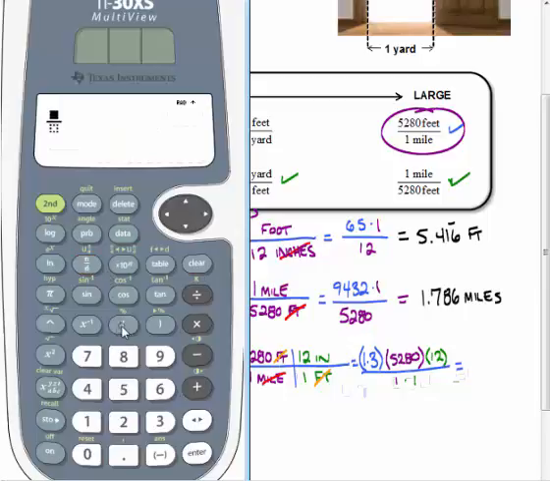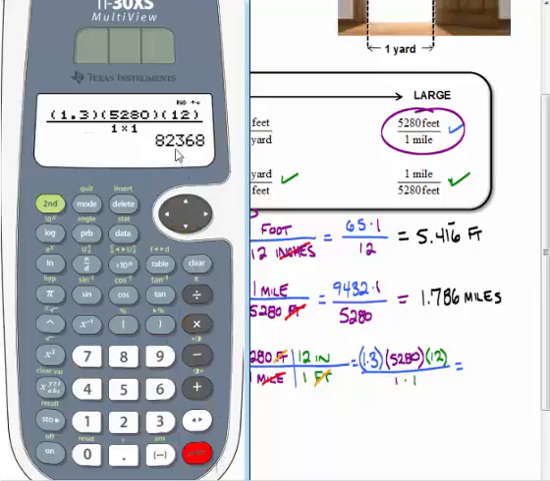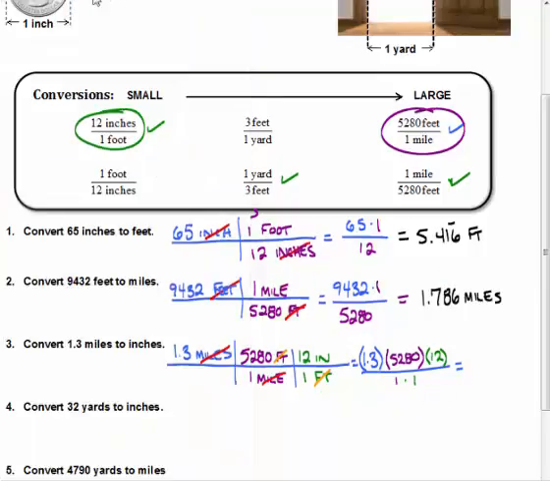So I'm going to make it look just like what's over there, 1.3 times 5,280 times 12. And scroll down and write 1 times 1. And this time there's no need to convert, it's just 82,368 inches, because that was the last measure that I didn't cross out.